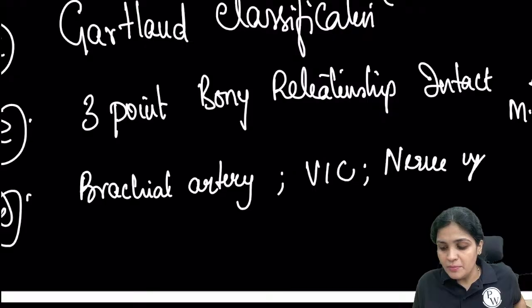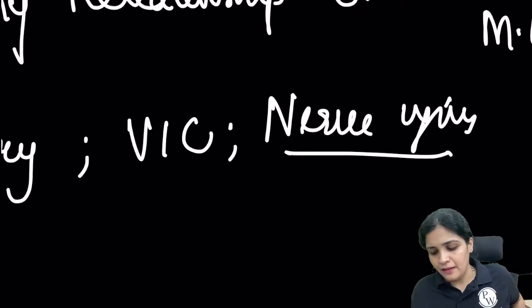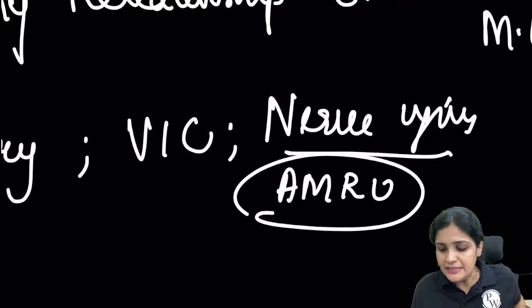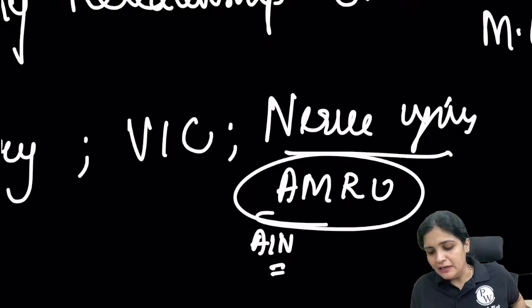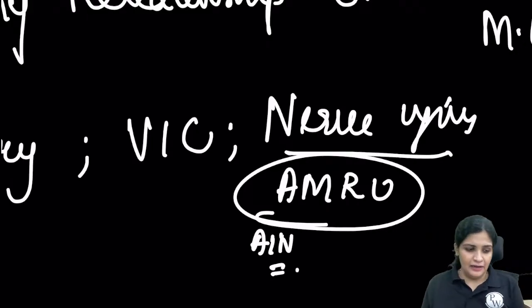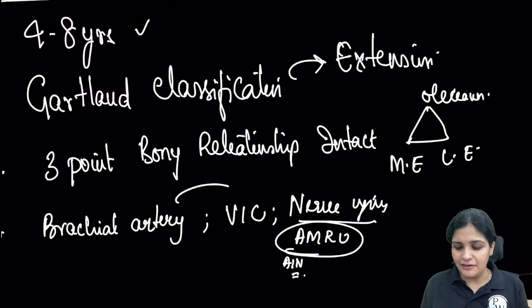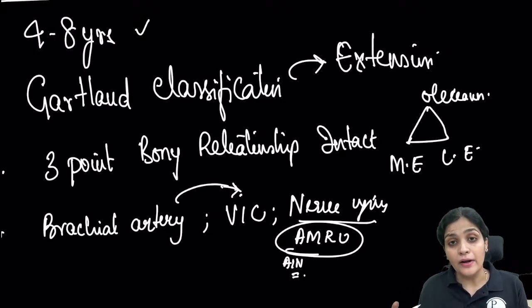What is the most common nerve damaged? Anterior interosseous nerve. Remember as AMRU. First is the anterior interosseous nerve, followed by the median nerve, followed by the radial nerve and ulnar nerve. Very good. Whenever there is a brachial artery involvement, it can also lead to Volkmann's ischemic contracture.